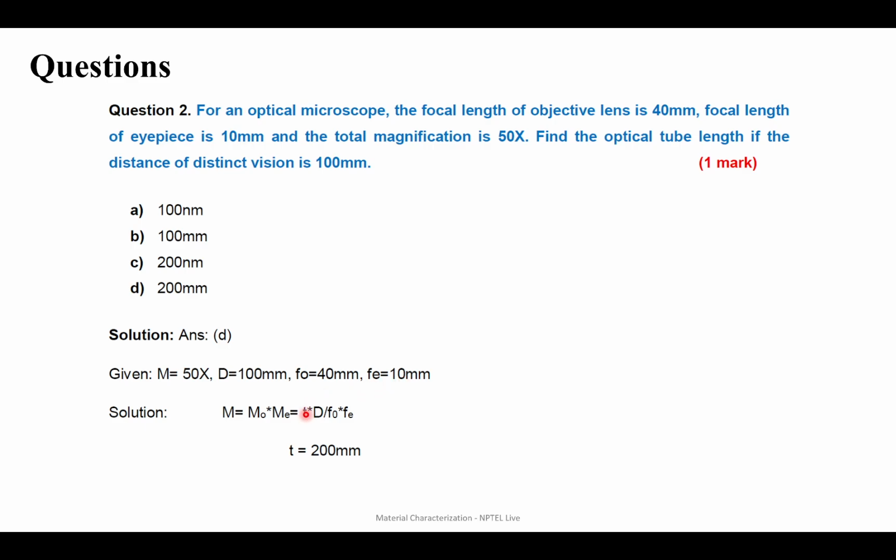So again, total magnification is objective magnification into eyepiece magnification, which is given as tube length divided by objective focal length, and distance of distinct vision divided by eyepiece focal length. So you rearrange it, you will get T equals 200 mm.